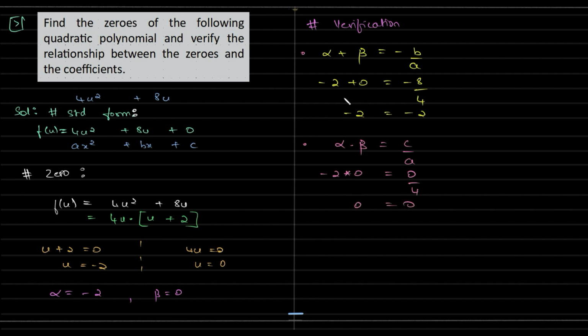Hence both are true statements. So here I have space to write all of this. Okay, hence verified. That's it. So remember, whenever you get two terms, you need not split. You can always find the answer directly.